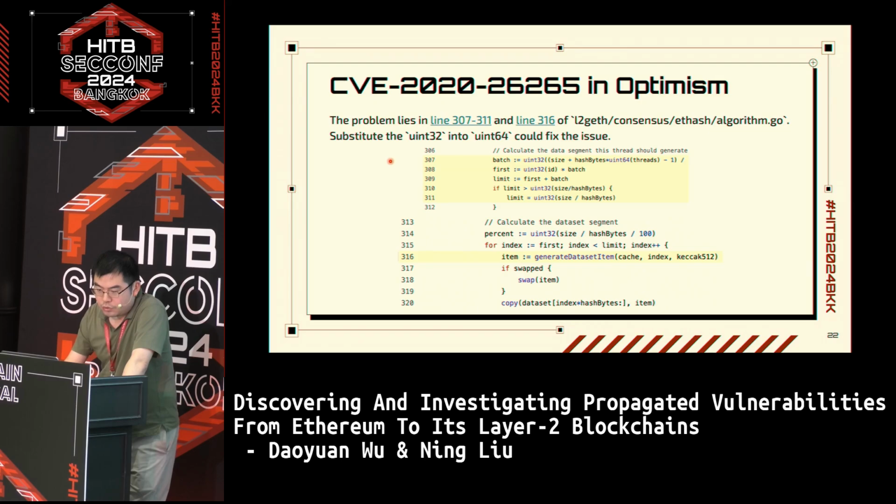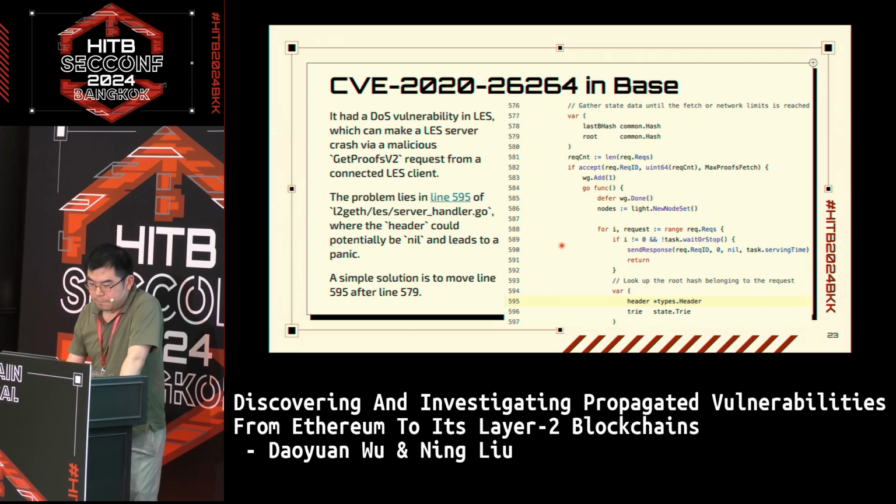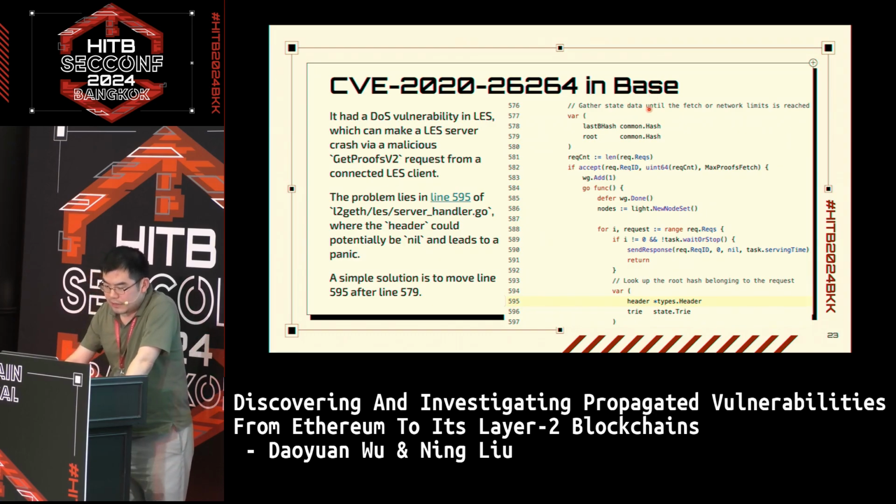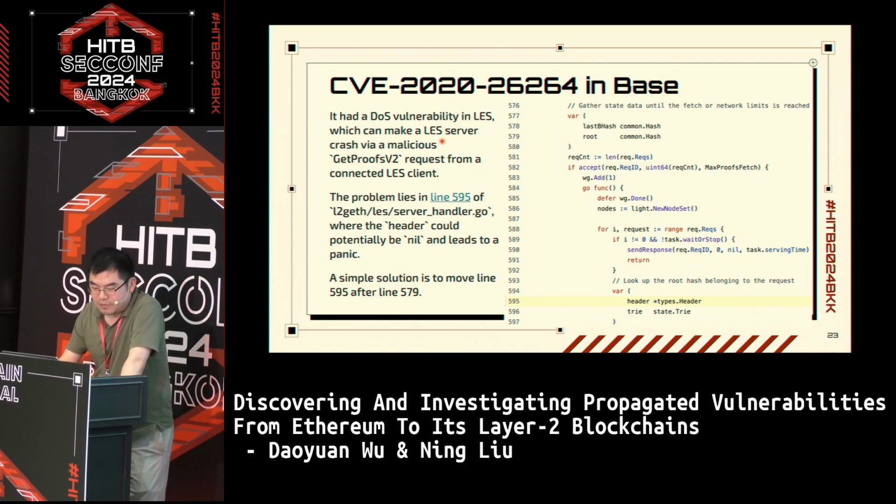The root cause of this vulnerability is in this particular algorithm.go file, which still has a type issue: instead of using uint32, it should use uint64 so that it can handle these particular vulnerabilities.